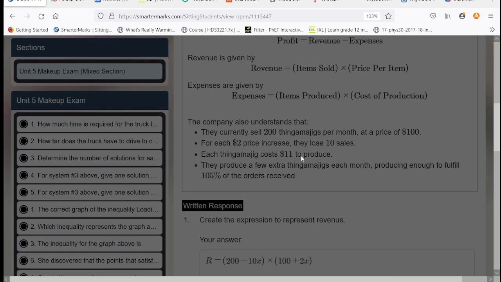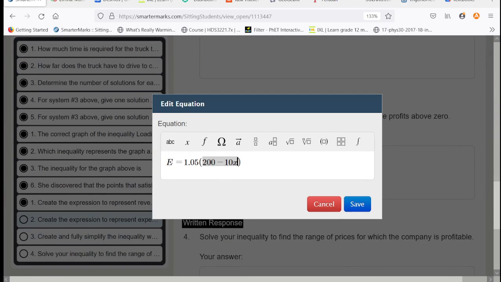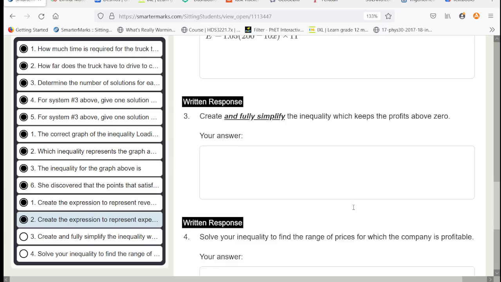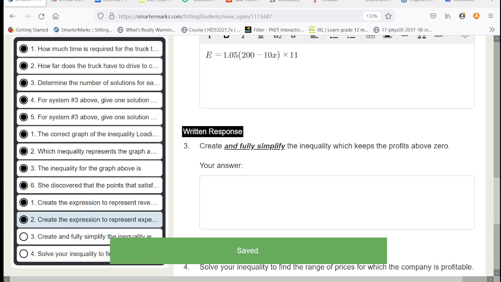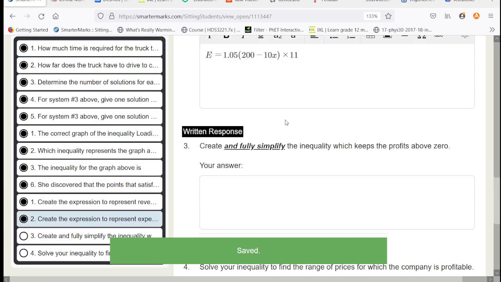And each thingamajig costs $11 to produce. So we're just going to multiply that whole thing by 11. And that is our equation for the expenses.